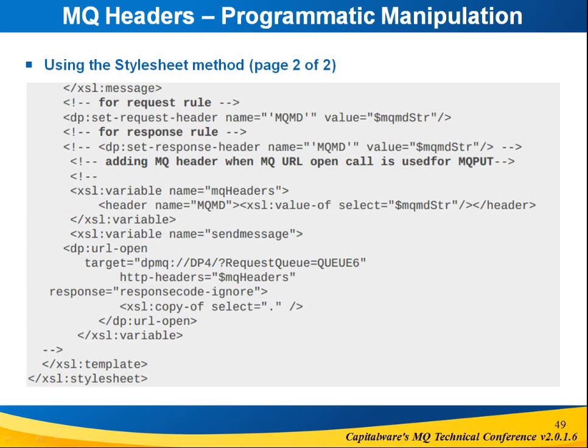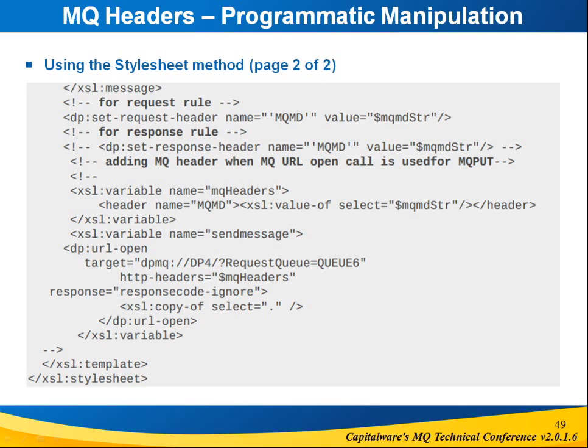Now what's worth mentioning here too is that if you decide you want to access a queue manager directly without the burden of setting up a queue manager connection object, you can actually say the URL is mq:// without the dp in front of it.